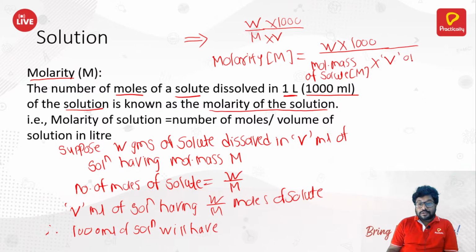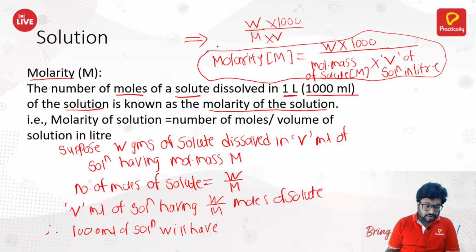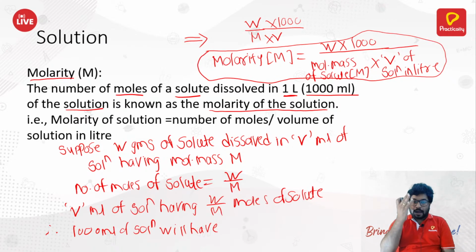That is the final formula of your molarity: molarity is equal to the amount of substance in grams into 1000 divided by the molecular mass of your solute into the volume of solution.